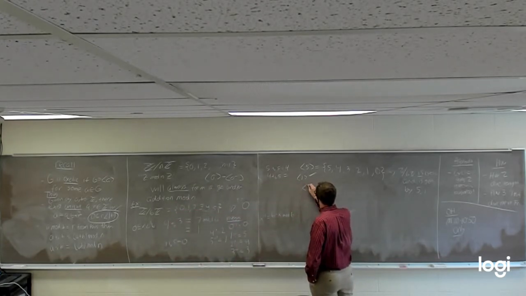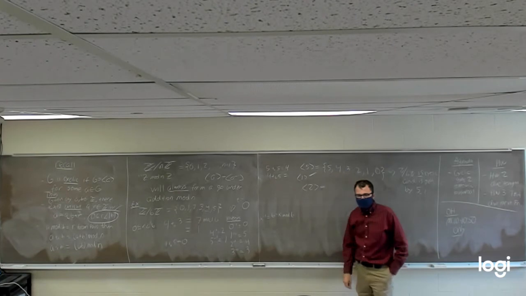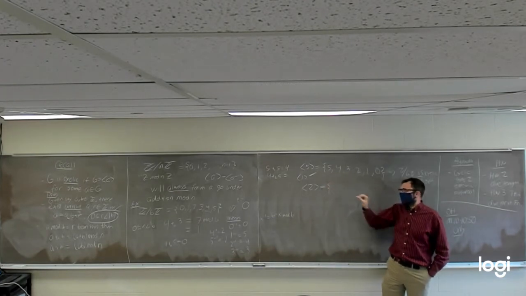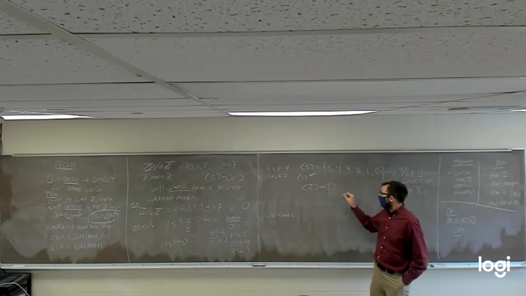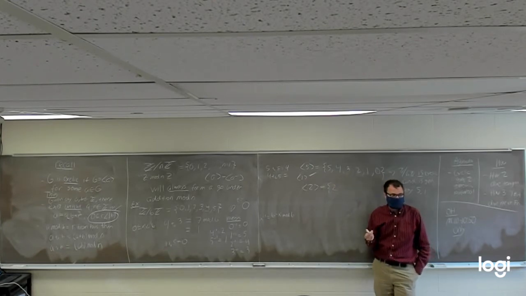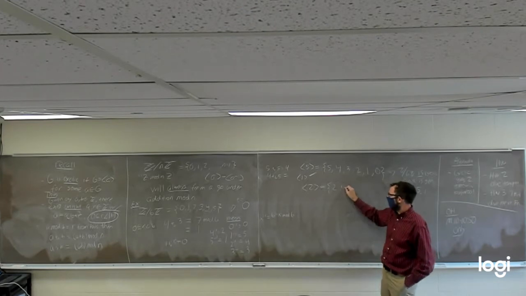Let's try 2. What would be in the group that's generated by 2? We start out by adding 2 to itself, mod 6. What would we get? Right, 4. 2 plus 2 is 4.